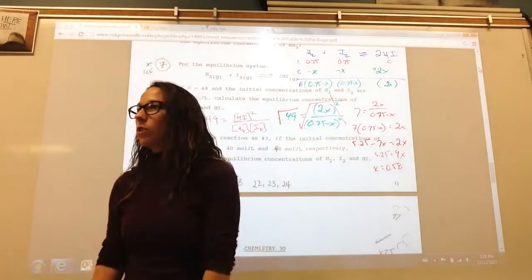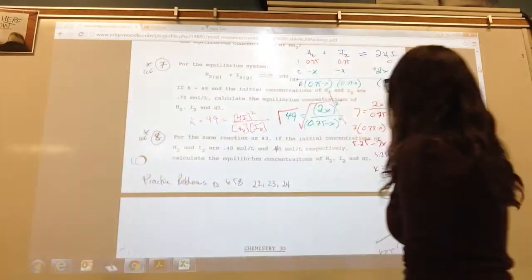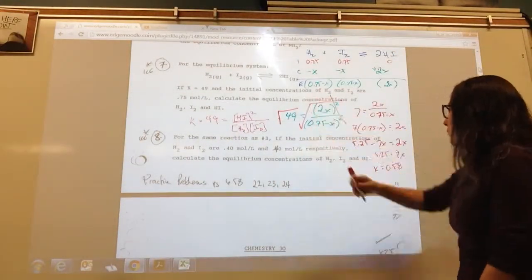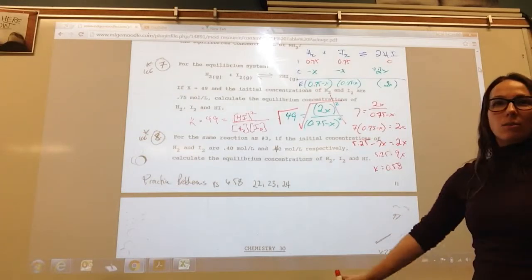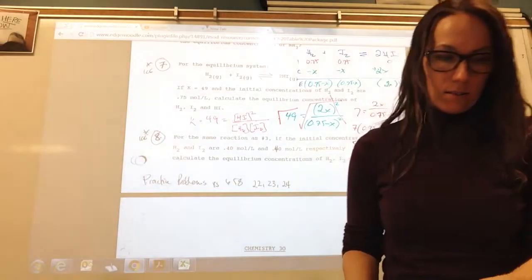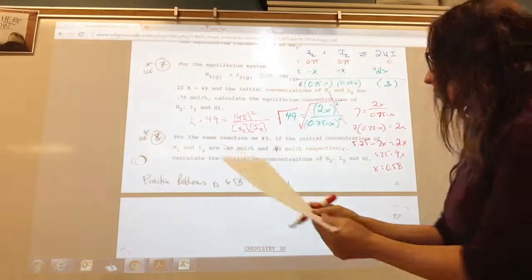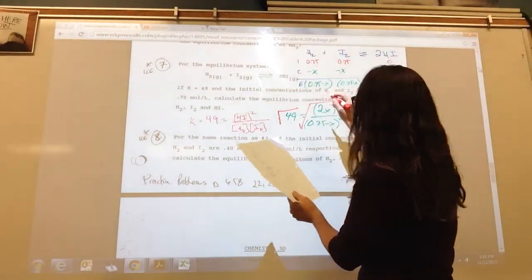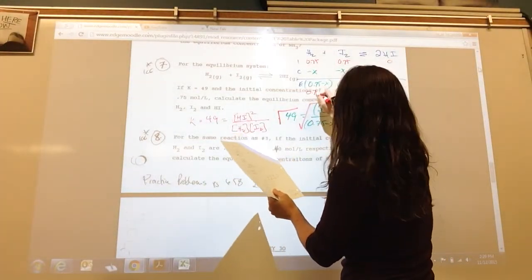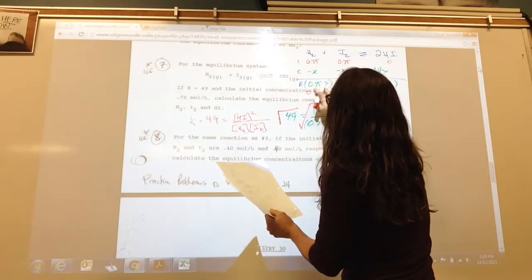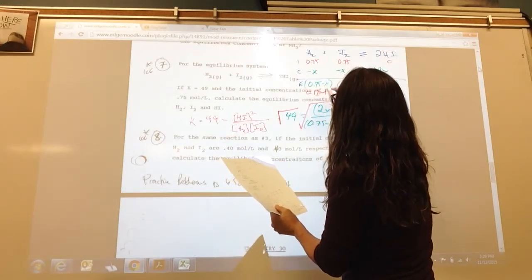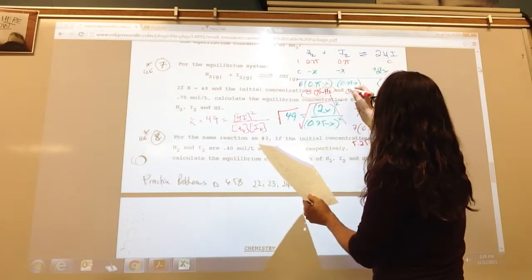So, 0.75 minus 0.58 is, just gonna have a sneaky peek at the answer key, 0.17 moles per liter. This will be the same.